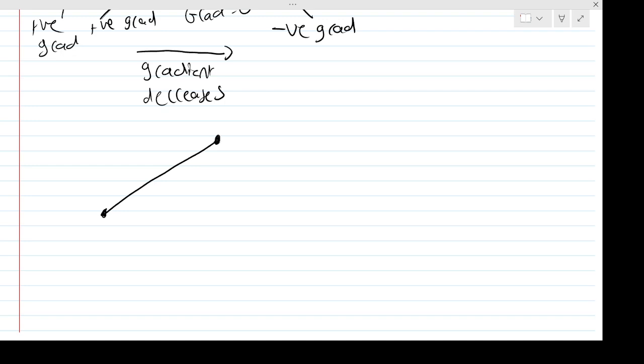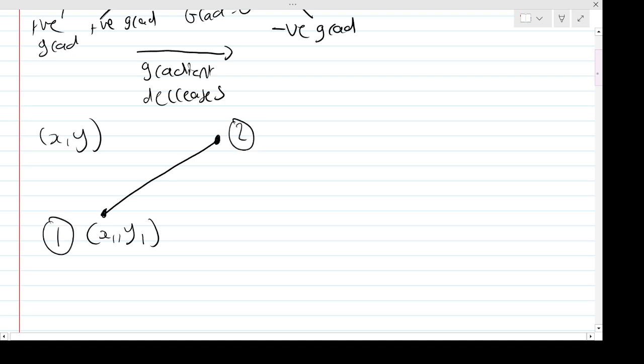If we call this first point x1, y1, so obviously every point has a coordinate x, y, okay? So we can call this first point x1, y1, and then this second point x2, y2, okay?